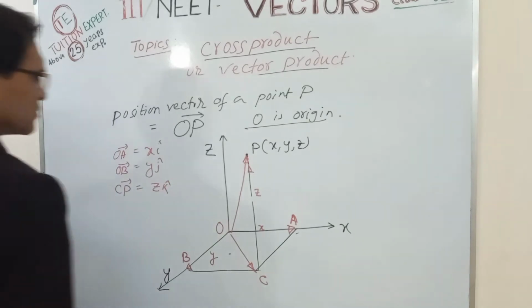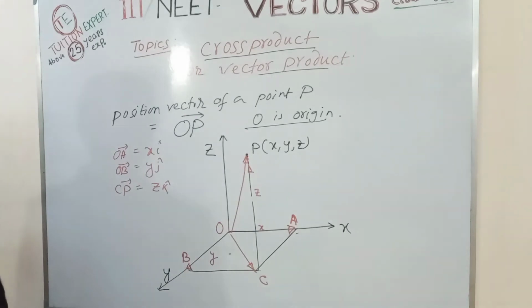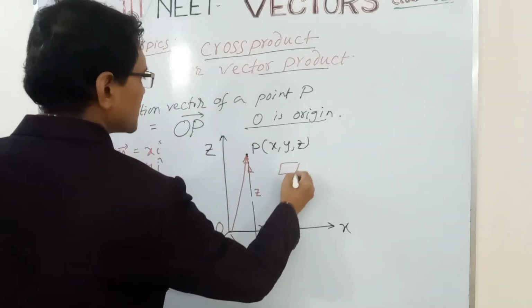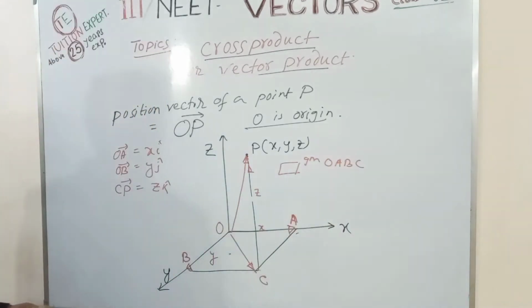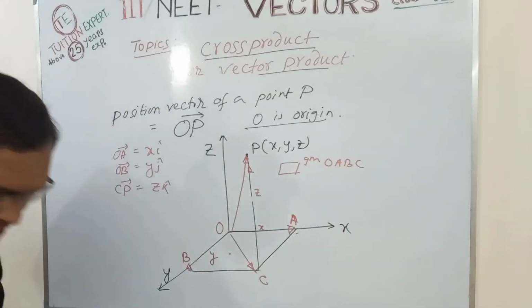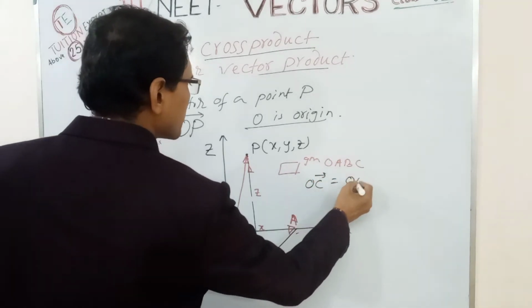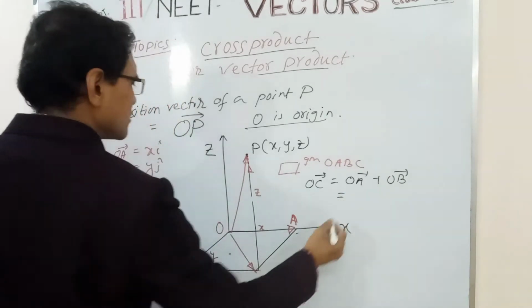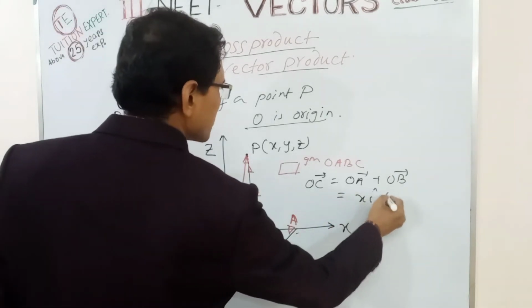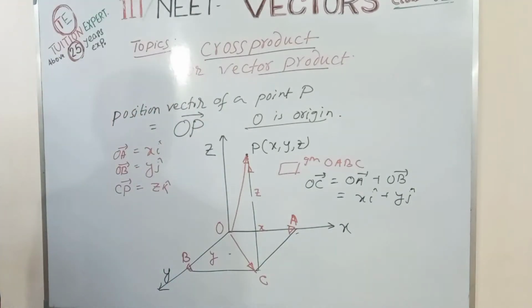Now, OABC is a parallelogram. From parallelogram OABC, OC is the diagonal. So OC equals OA plus OB, by the law of parallelogram, where OA equals xi and OB equals yj. So OC becomes xi plus yj.